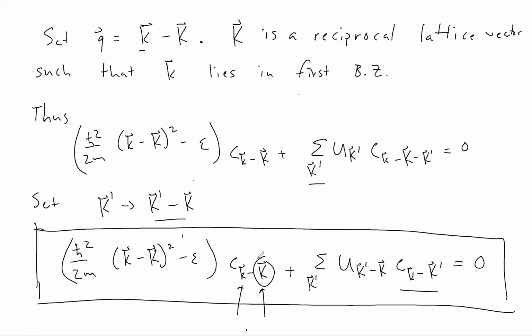You see that the equation for the same value of little k, but that different value of big K, still involves only coefficients C where the overall wave vector differs from little k by a reciprocal lattice vector K prime. So only those coefficients that differ from little k by a reciprocal lattice vector are mixed together by this equation.